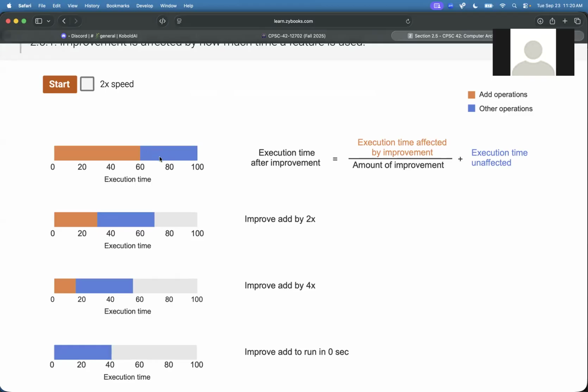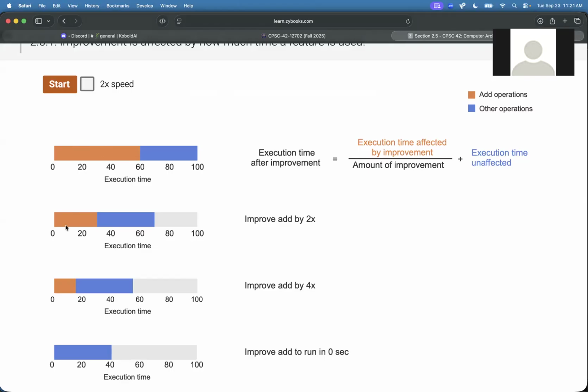So you still have this 40% of the time, not 40% of the new total time, but 40% of the original time. And so the orange bar gets shorter because you made the orange faster, but the blue bar does not get shorter. Okay. And so even if you made the orange bar disappear, right?